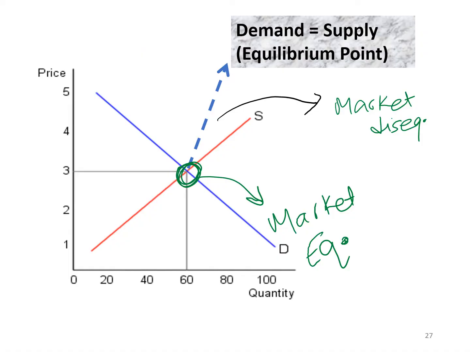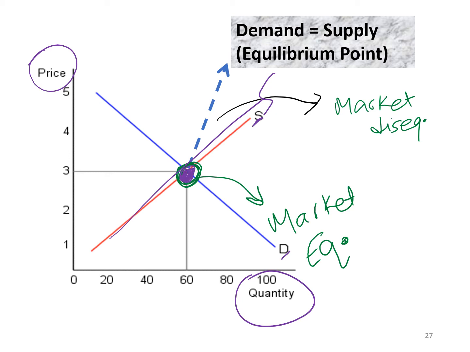Graphically, I don't need you to worry about it now because we will be taking this in details in Unit 2.3. Graphically, we always put the price on the y-axis and the quantity on the x-axis. The supply curve mainly is always upward sloping, and we'll explain why it looks like that later on. And the demand is like that. But what you need to know is the point of intersection between the supply curve and the demand curve.